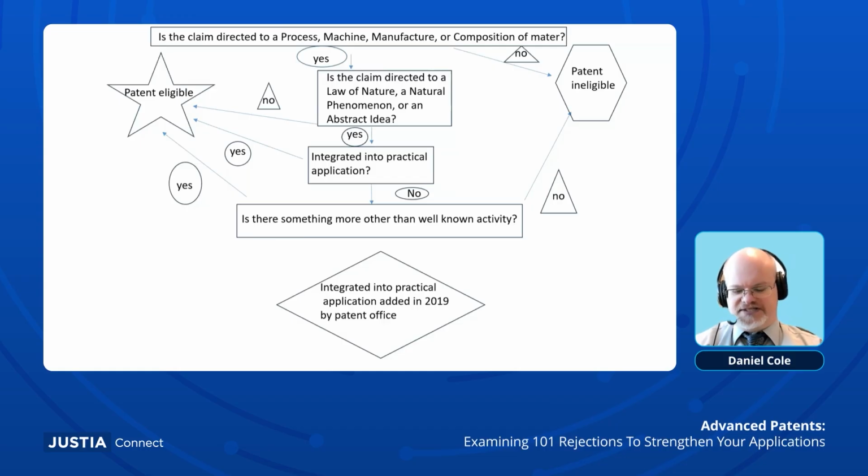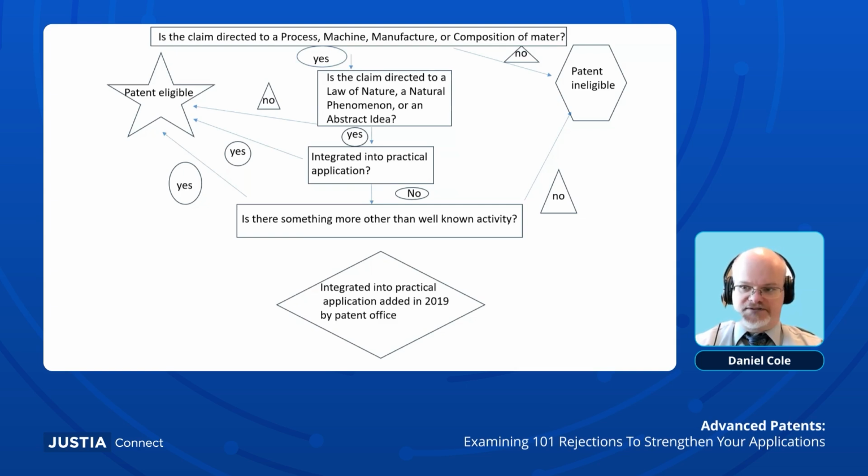But if it is directed to one of these three things, there's a new question that is asked by the Patent Office. That is, is the exception integrated into a practical application? This is important because if it is integrated into a practical application, at least at the USPTO, you then stop the 101 analysis. You say, yep, this is integrated into a practical application. It is now patent eligible.